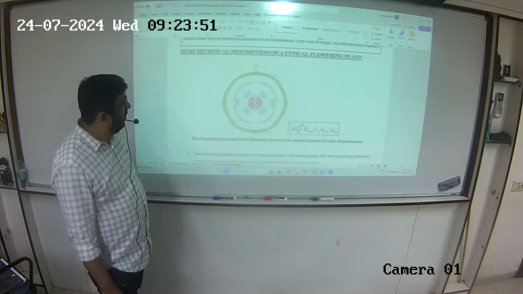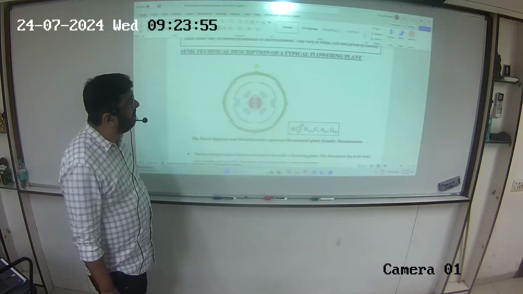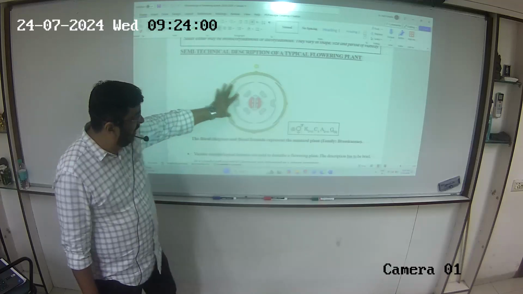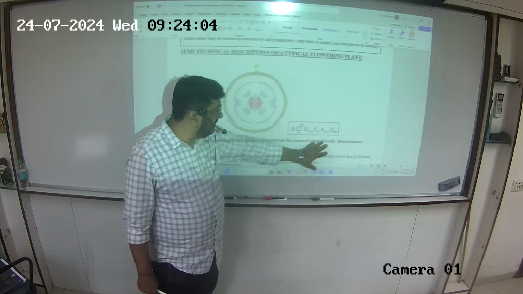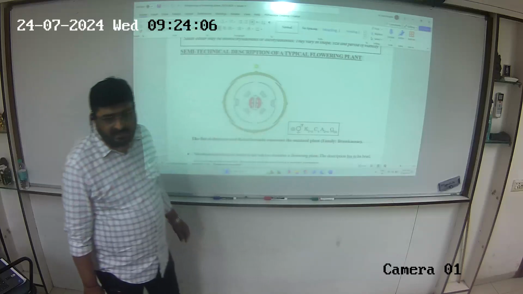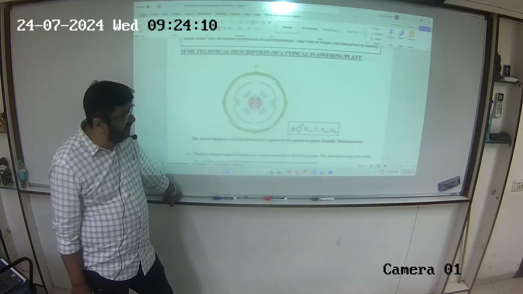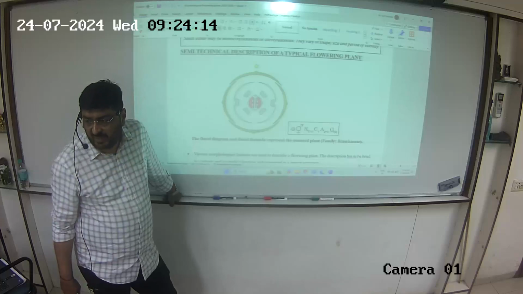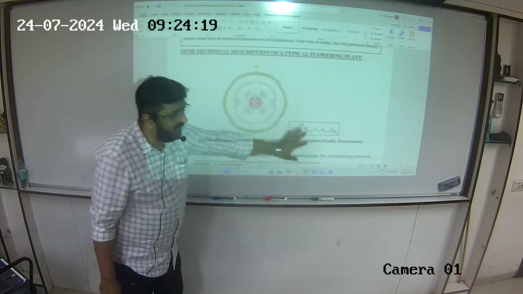Now this is coming under the heading of semi-technical description of a typical flowering plant, which is accompanied by a floral diagram and a floral formula of the mustard plant, right, which is family Brassicaceae. The structure of the diagram and the formula we will do when we study family Brassicaceae in the next session. I'm not going to explain this right now.